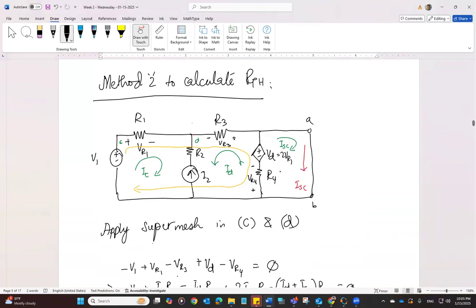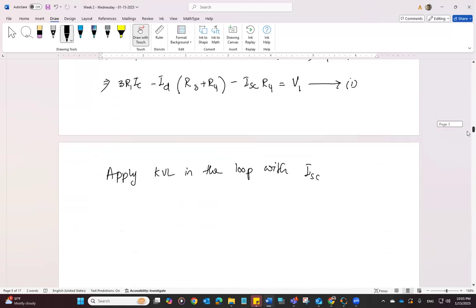And once you do that, what you're going to get is VD equals the voltage drop in this resistance, which is ISC plus ID times R4. So you have plus VR4 minus VD is equal to 0. So VD is equal to VR4, which is equal to ID plus ISC times R4.